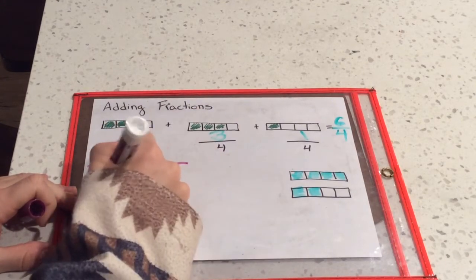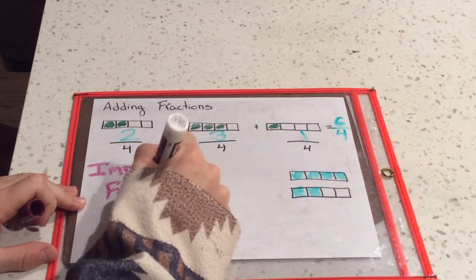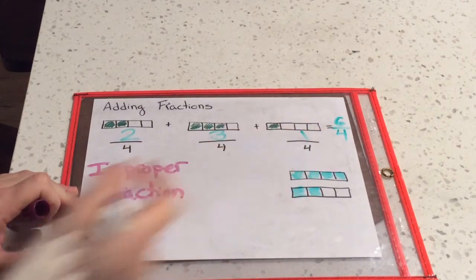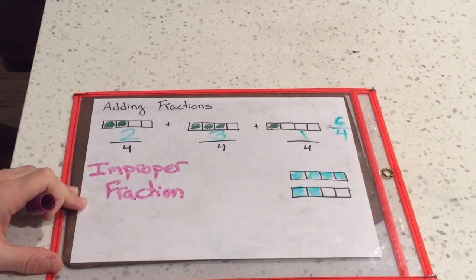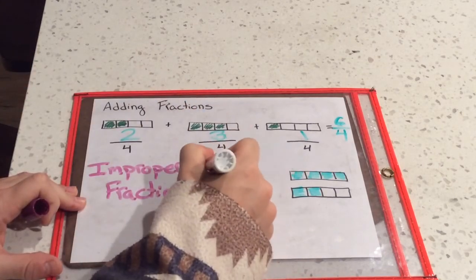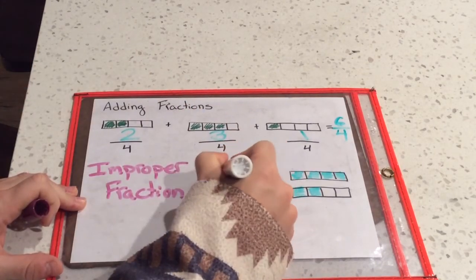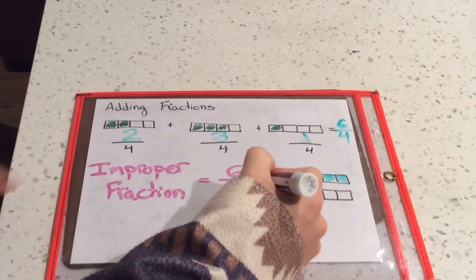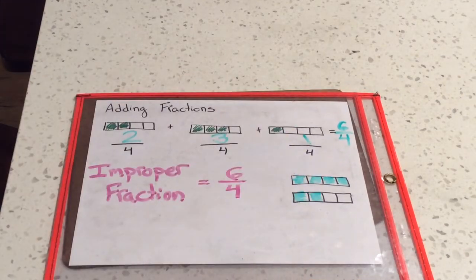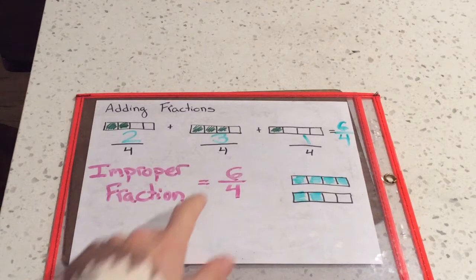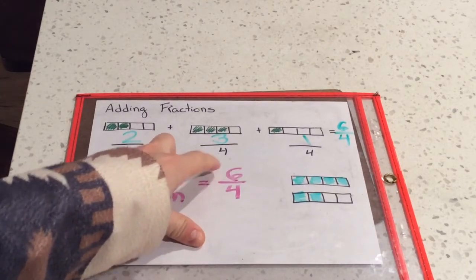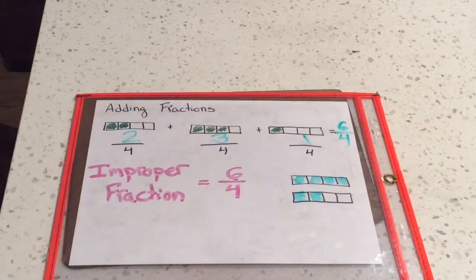Improper fraction. And that's when our numerator is greater than the denominator. So here we had 6/4. This is an improper fraction because the numerator is larger than the denominator.